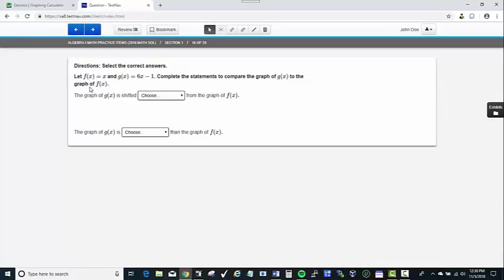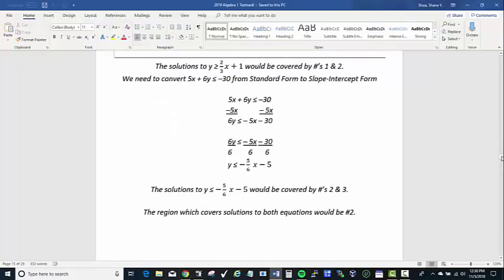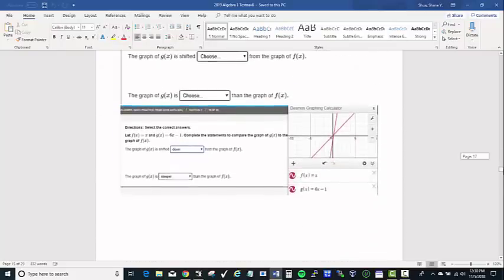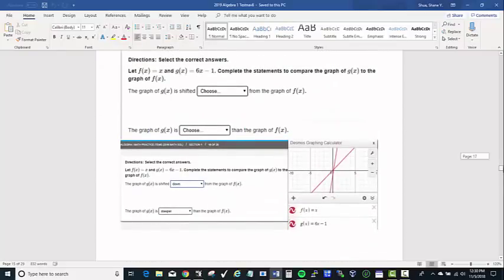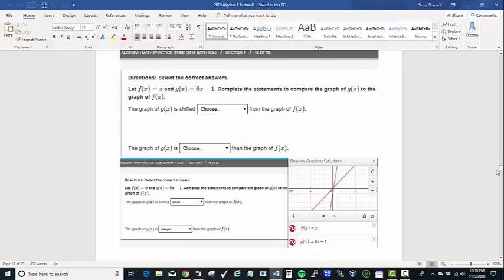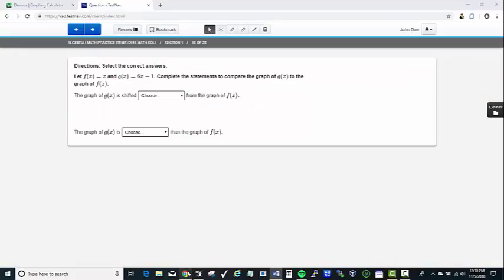Let f of x equal x and g of x equal 6x minus 1. Complete the statements to compare the graph of g of x to f of x. Okay. So, let's use Desmos for this again.